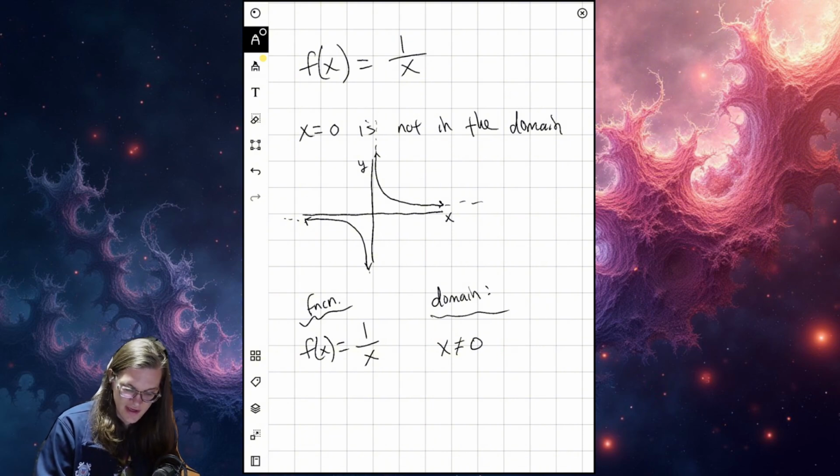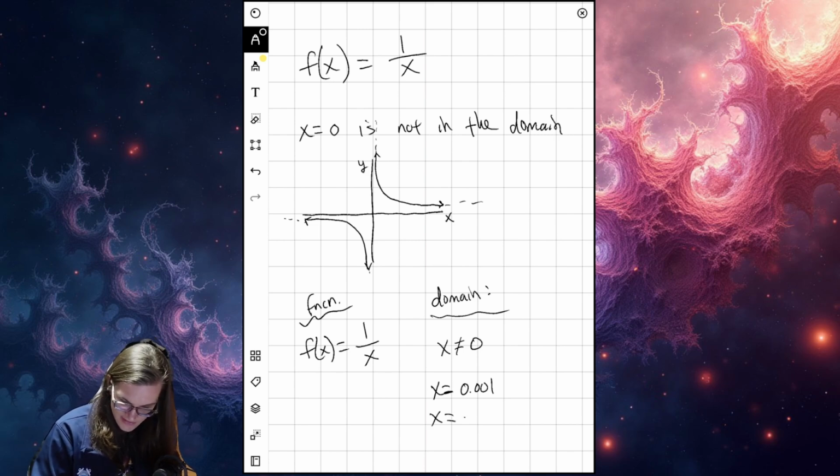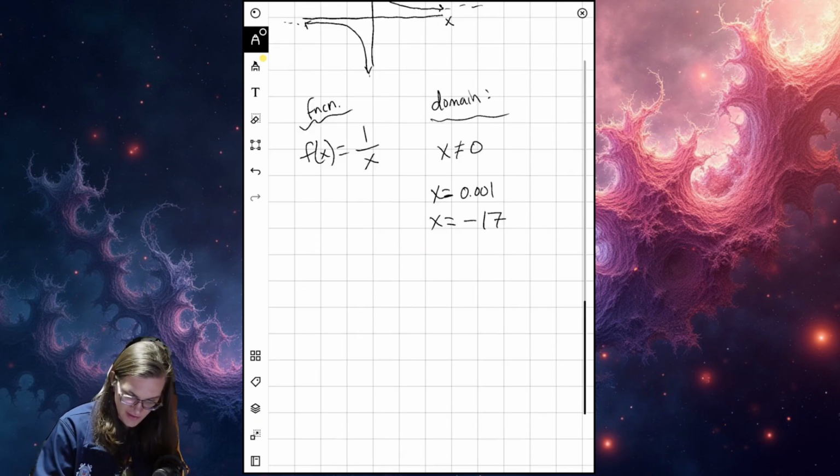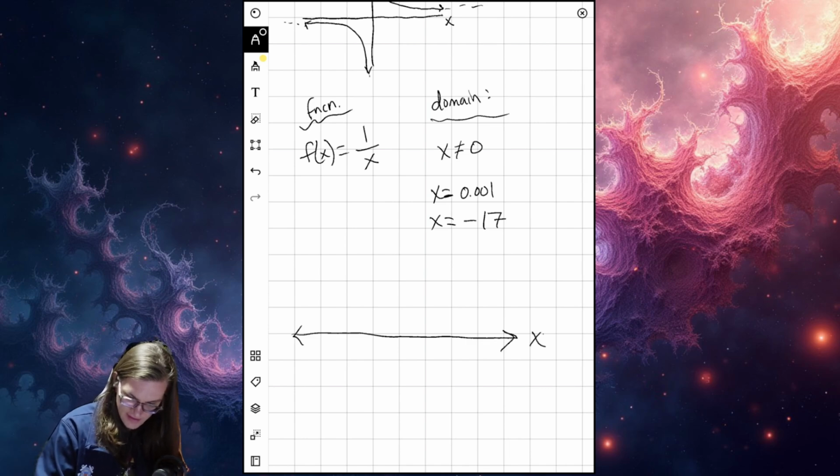So any x value besides 0. x is allowed to equal 0.001, x is allowed to equal negative 17, right? All the way to infinity in both directions on your number line. On your x-axis, you can put any x into that function except 0. We're not allowed to put 0 into the function.